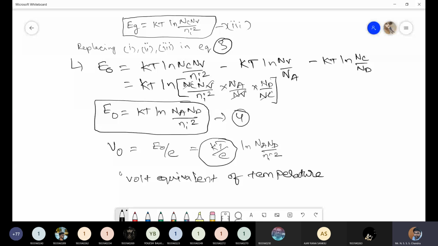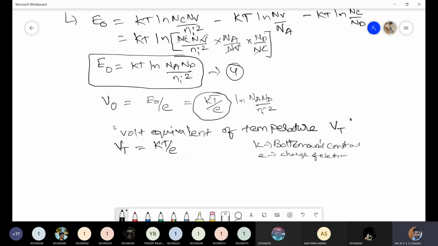It's written by the symbol V with a subscript T. So Vt equal to K into T by E, where K is your Boltzmann constant, E is the charge of the electron, and T is your absolute temperature.